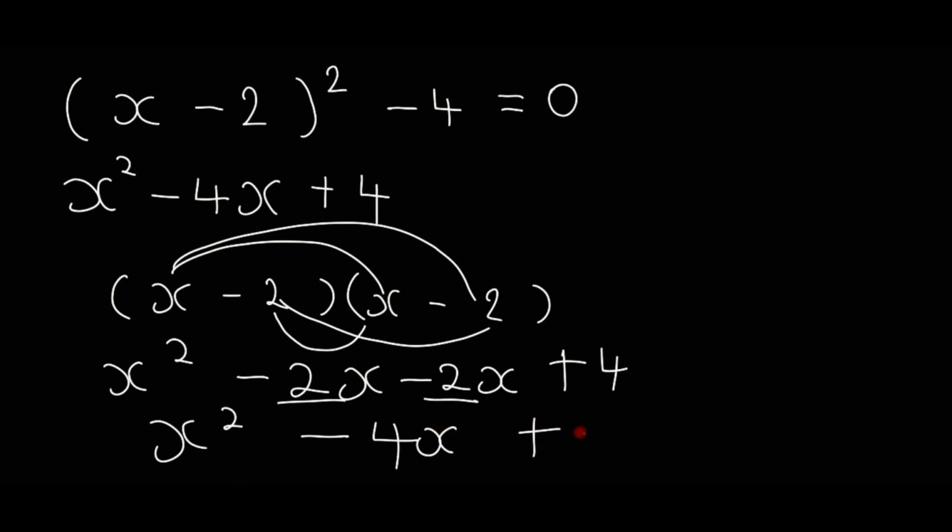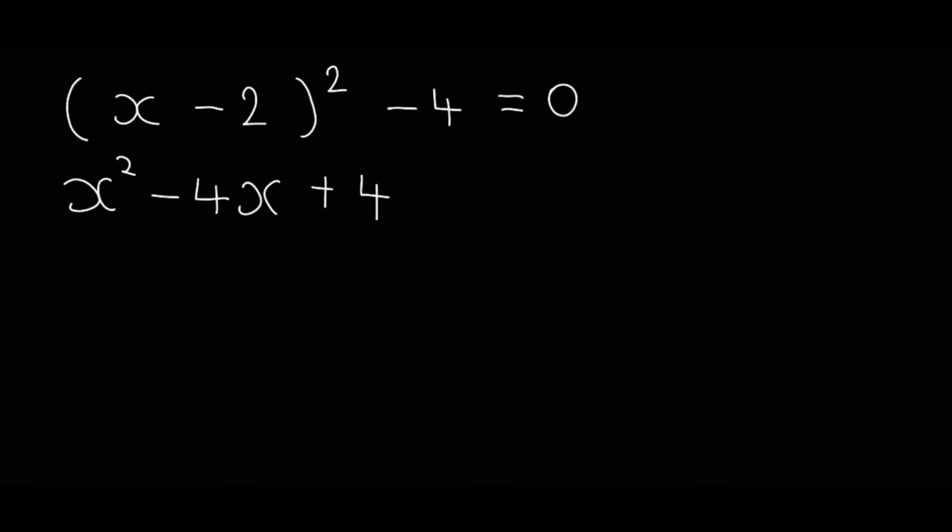That is why I have x squared - 4x + 4, and remember we have -4 here, which equals 0. So this means x squared - 4x, and you notice that this 4 and this -4 cancel, and it equals 0.